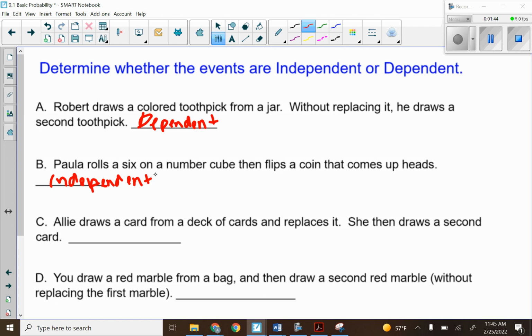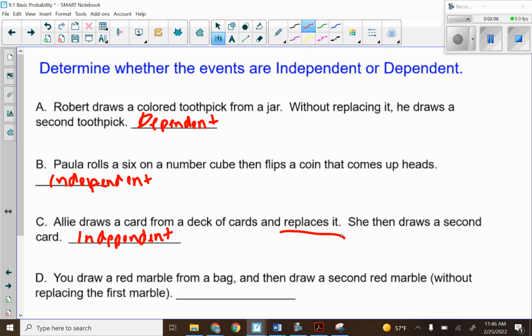Allie draws a card from a deck of cards and replaces it. She then draws a second card. So this is actually independent. And the key with that is she replaces it. If I have 52 cards, I take one out, but then I put it back, I still have 52 cards.